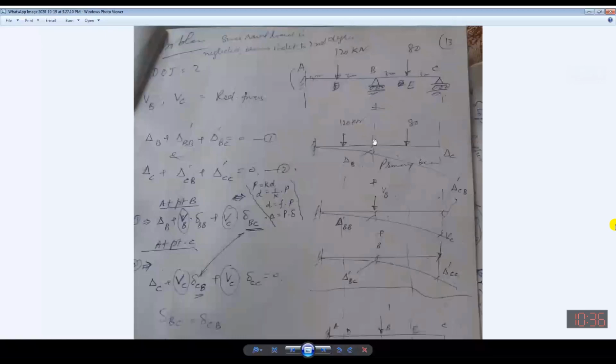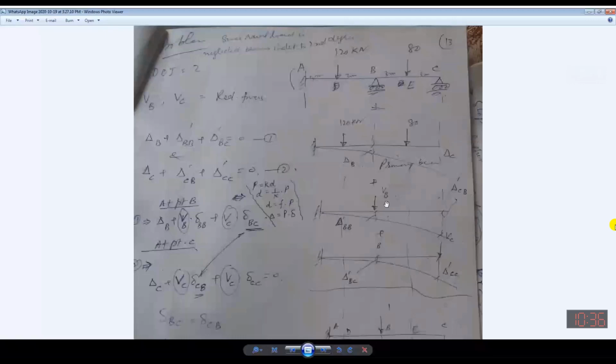Now, under the effect of the actual loading on the beam, there will be delta B, plus, under the effect of this redundant, which I have applied downward. Actually, this may be upward or it may be downward. I have clarified previously that this is an arbitrarily chosen direction.